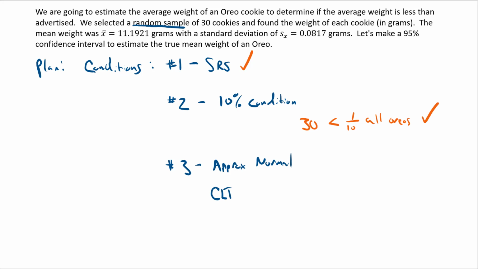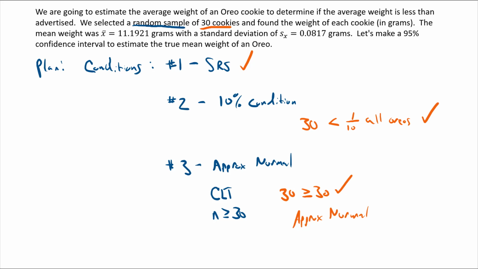In other words, that our sample size is greater than or equal to 30. Well, in this case, we are right on the edge of that, right? We had 30 cookies for our sample size, and that was greater than or equal to 30. So that checks off. Therefore, we would write approximately normal.